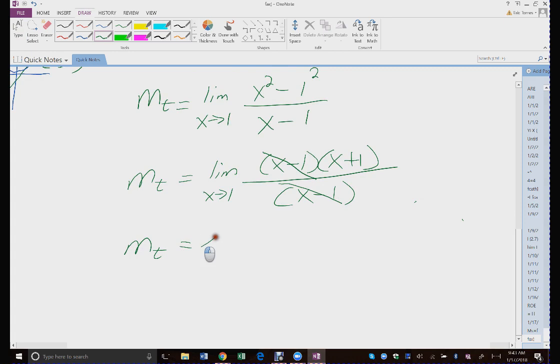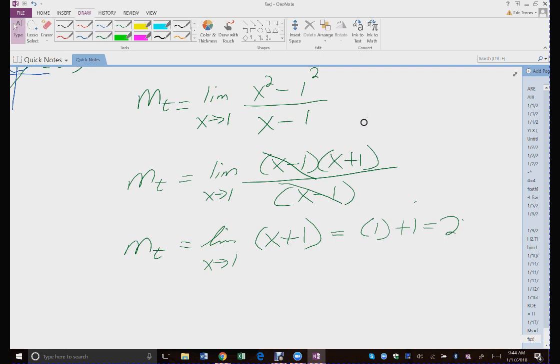Giving us, as x approaches 1, of x plus 1. Now, this is a polynomial function. I know I can use direct substitution of a polynomial function. So I can plug in 1 for x and solve. And the slope of my tangent line is 2 when x is 1.